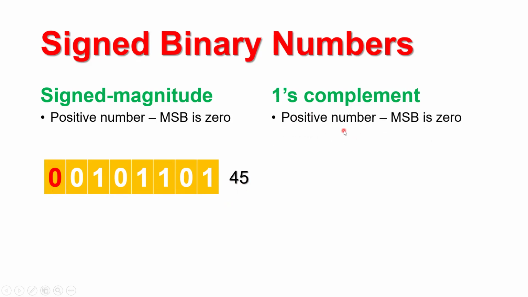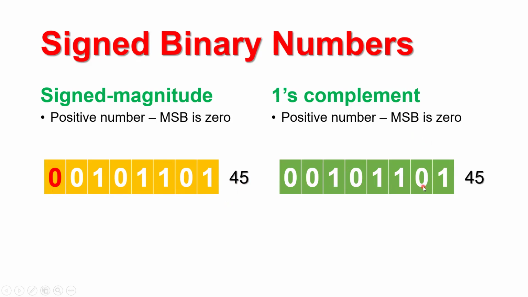Again, in one's complement, for a positive number the MSB is 0. So these are the 8 bits, and the MSB is 0. You see that this is 45 in decimal. So 45 in decimal, using signed magnitude, one's complement, or unsigned form, positive numbers always look like this, where the MSB is 0. And this is the binary representation of 45.